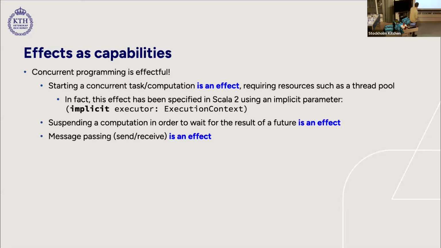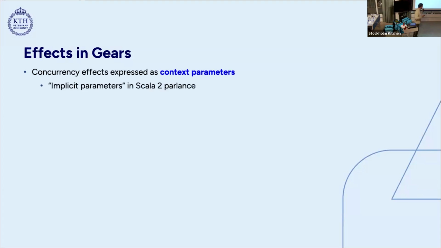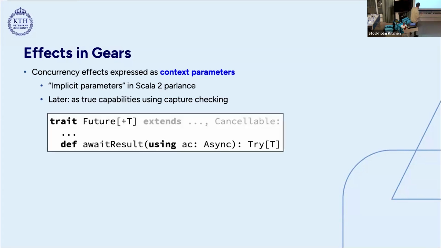There are all these effects, and in this Gears concurrency library they are specified using context parameters, which is what we used to call implicit parameters in Scala 2. Just like in the Futures API we have an implicit execution context, the exact same parameters will be used for the effect safety that I will show later.